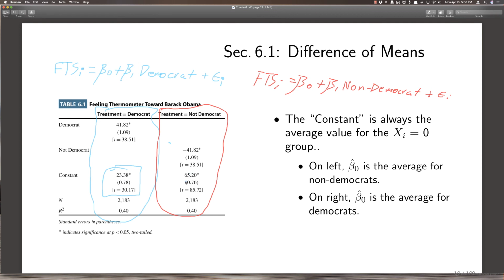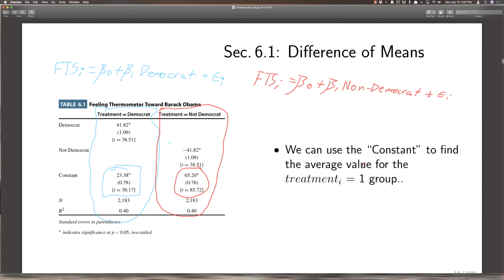Over here, this is the average feeling thermometer score for people who are Democrats, because in this version of the model, where non-Democrat equals 1, the constant is the average of the dependent variable for the 0 category. So this is for the Democrats. So we can use the constant to find the average value for the treatment equals 1 group, all right?